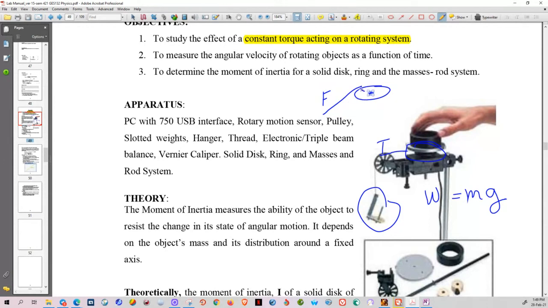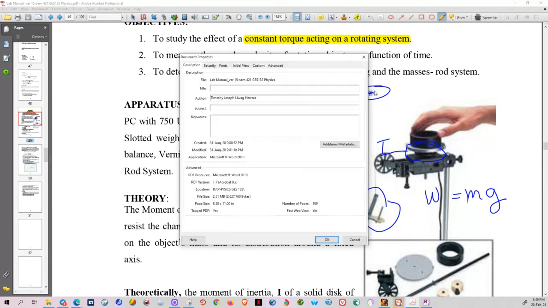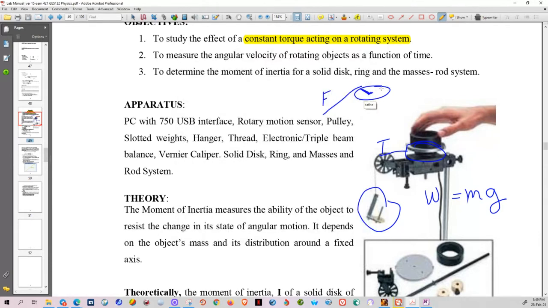And we will measure the radius of the pulley. Therefore, force multiplied perpendicularly to the radius of the pulley will give us the torque that will cause rotation. Okay? So that's where the rotation is coming from.